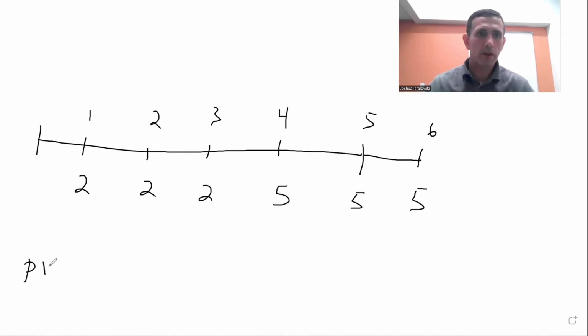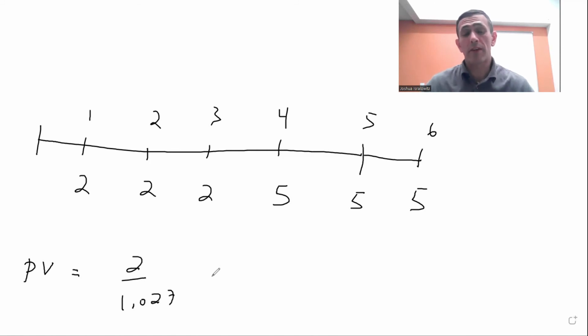For this 1 year, I'm going to use the 1 year spot rate, so it's 2 over 1.027. I'm earning 1.027 per year for the first year, and at the end of it I get $2 back.